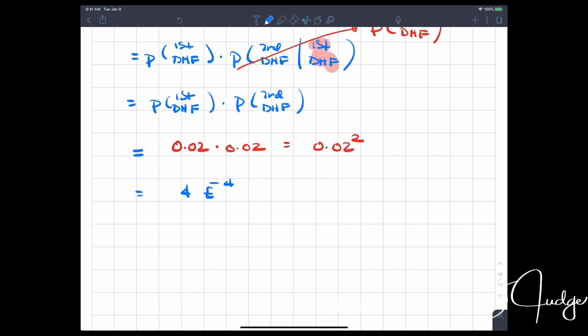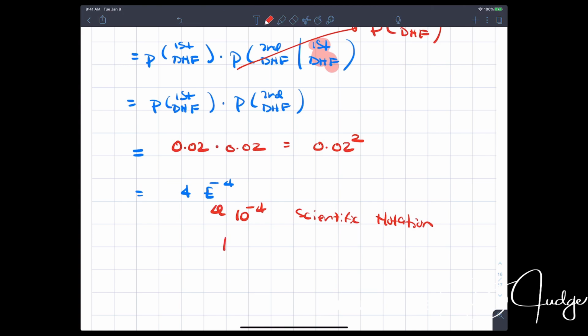And you guys know, what is e to the minus 4 really again? Well, this is scientific notation. 10 to the minus 4. So 4 times 10 to the minus 4.